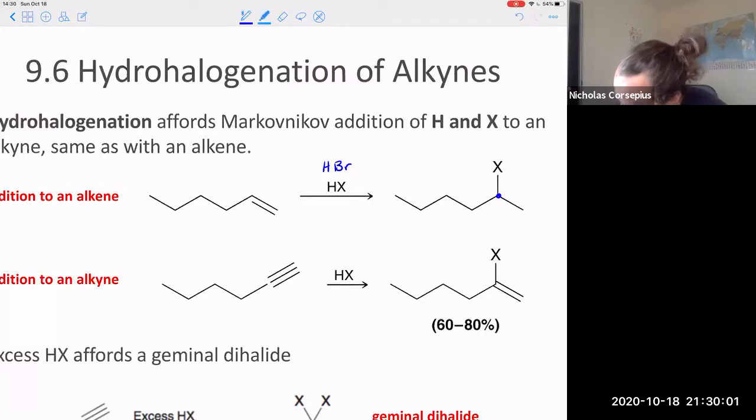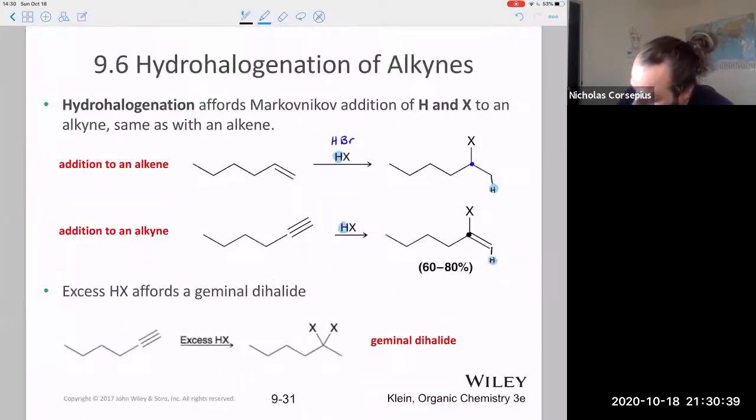And to be clear, that means the hydrogen was added to the other carbon. We see the same thing with the alkynes. It's again a Markovnikov addition, meaning that the halogen is going to go on the more highly substituted carbon. So here we have our more highly substituted carbon that's going to get that halogen. The hydrogen is going to be on the less highly substituted carbon.